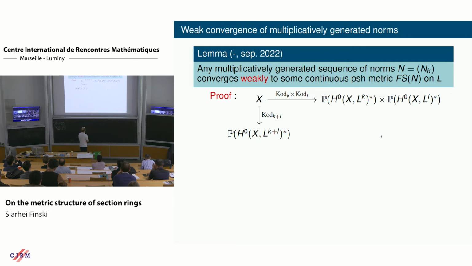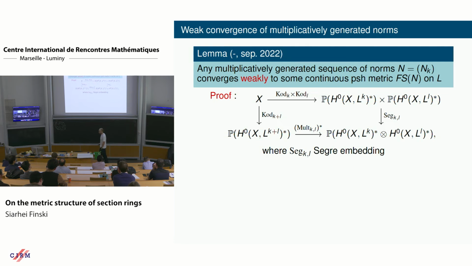If I take my manifold X and embed it into the projective space associated to the cohomology of order k plus L, and embed it into the product of two projective spaces, the core of the argument is to realize that one completes this thing to a commutative diagram using the Segre map. In other words, one can embed this product of projective spaces into the projective space of the tensor product, and then using the dual of the multiplication operator, you obtain a commutative diagram.